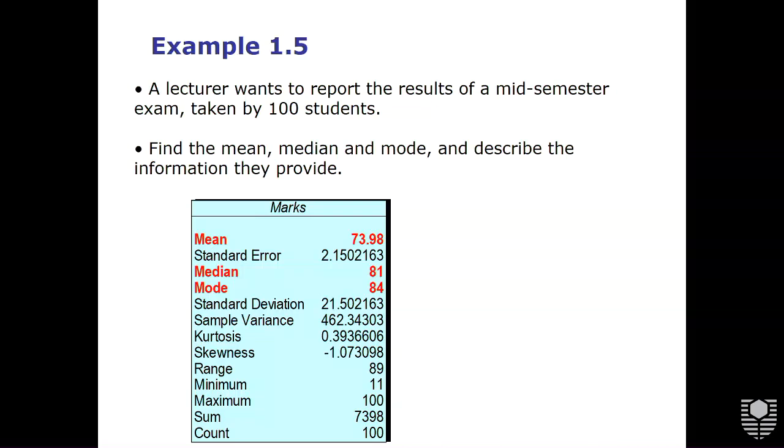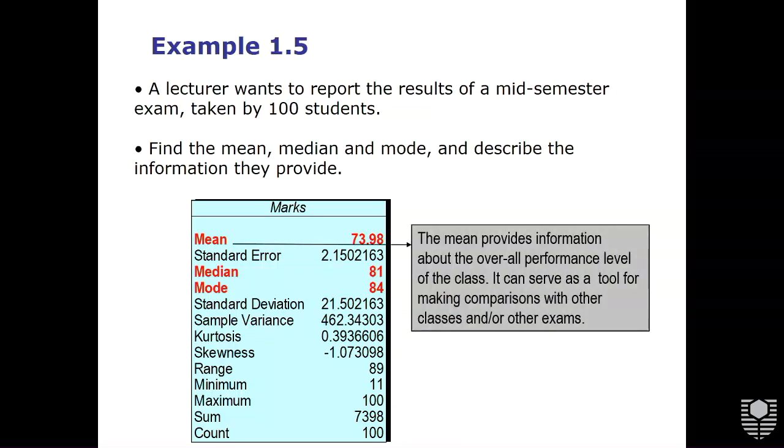Later we will have a case study on Excel, and I will show you how to report the descriptive statistics using the Excel software, and how to report it using a histogram, for example, to see whether the data is symmetrically distributed or not. Right? So I will show it to you. So that's the mean.